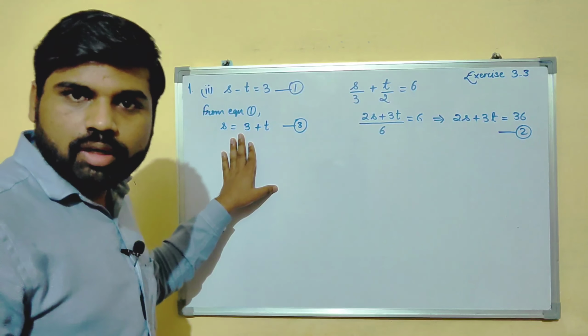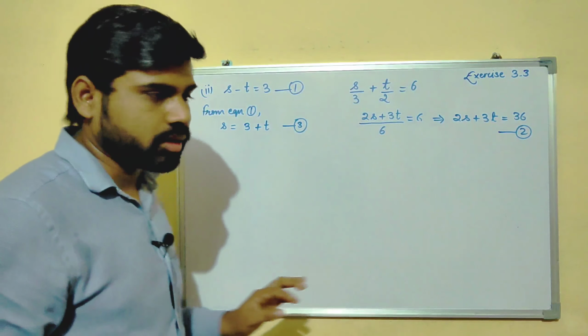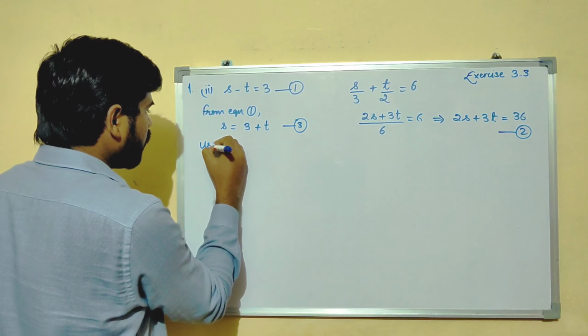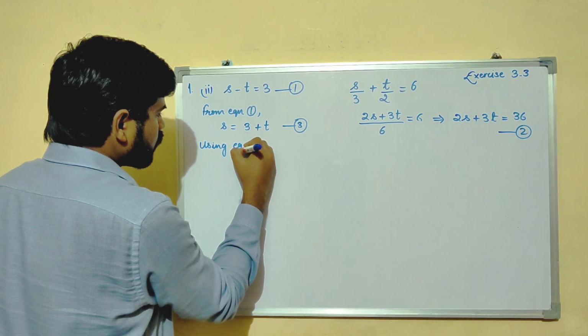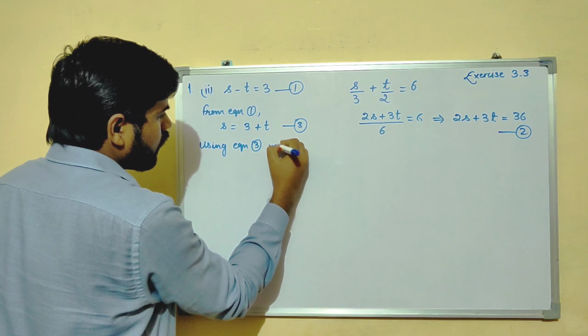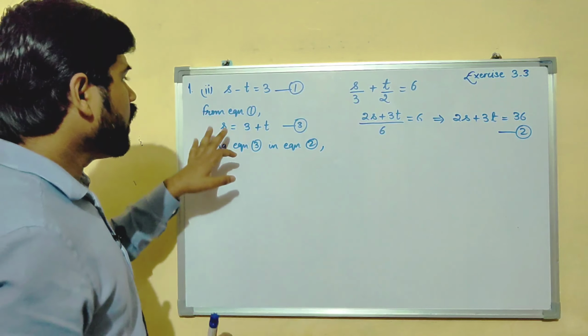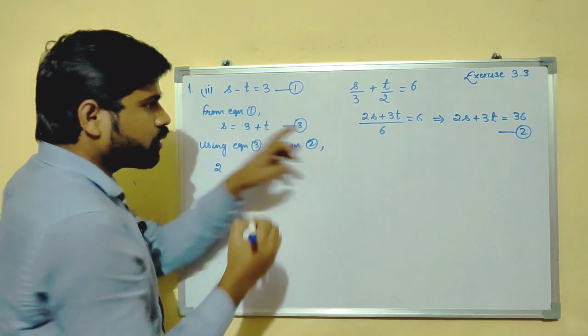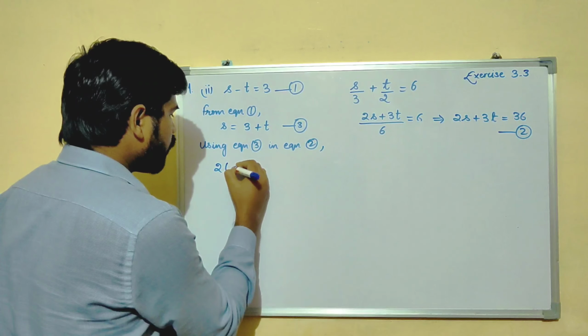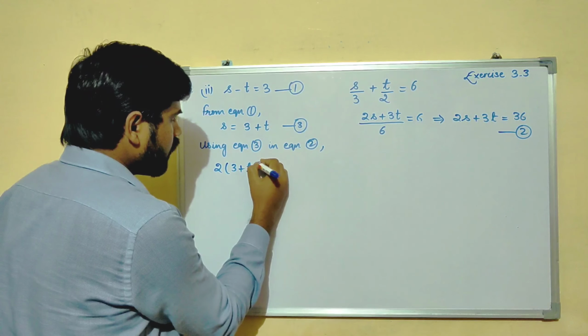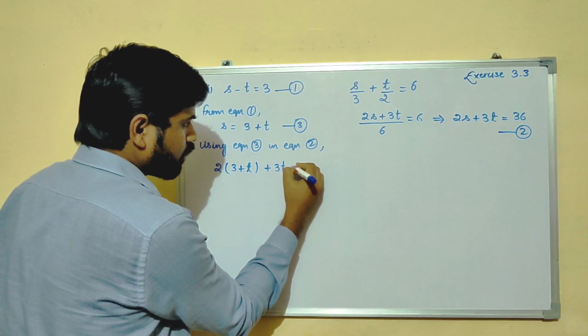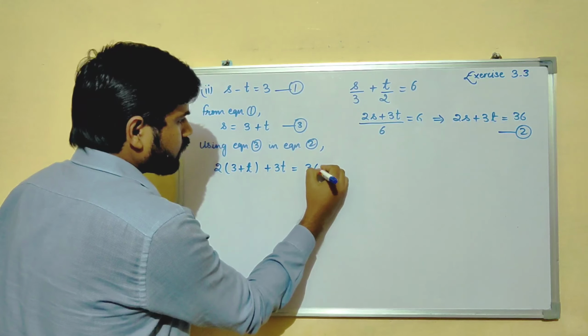And then substitute this value of s in the second equation using equation 3 in equation 2. So we have 2 times the value of s, which is 3 plus t, plus 3t equals 36.